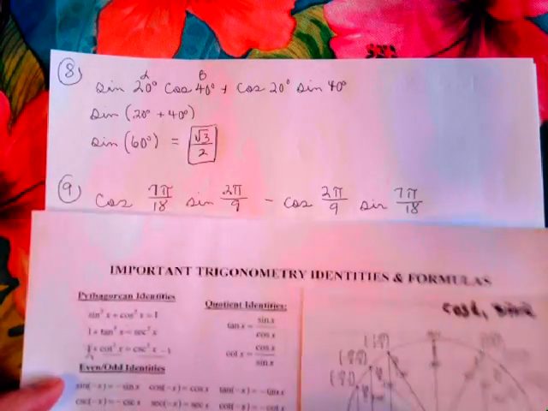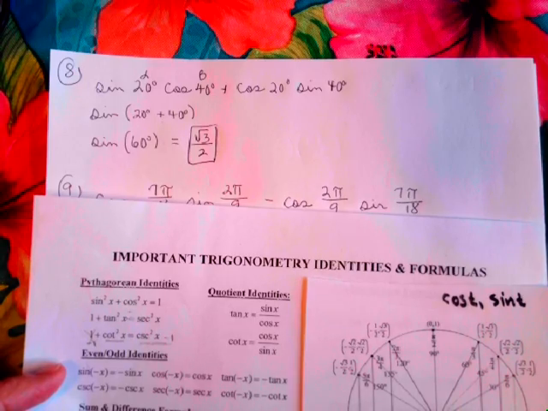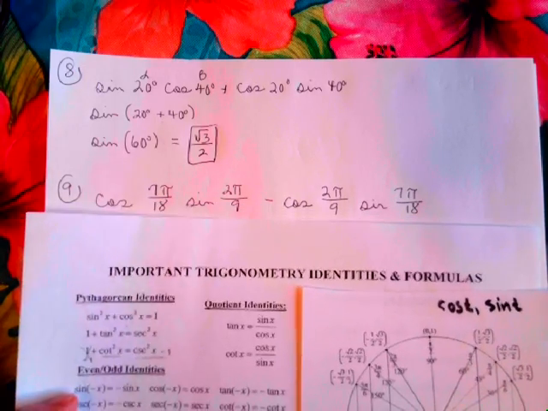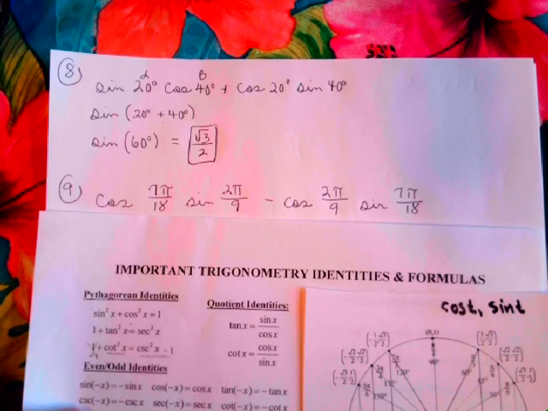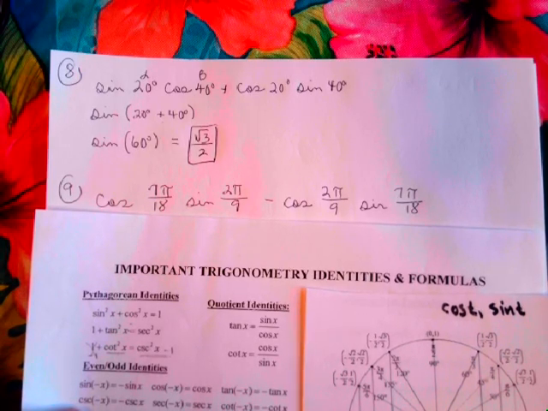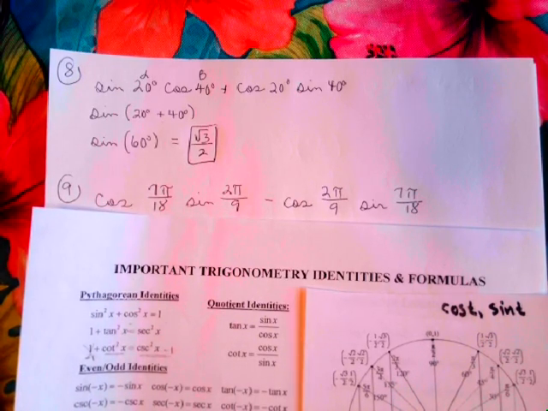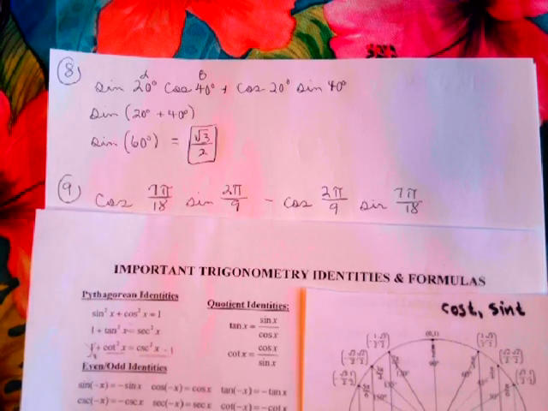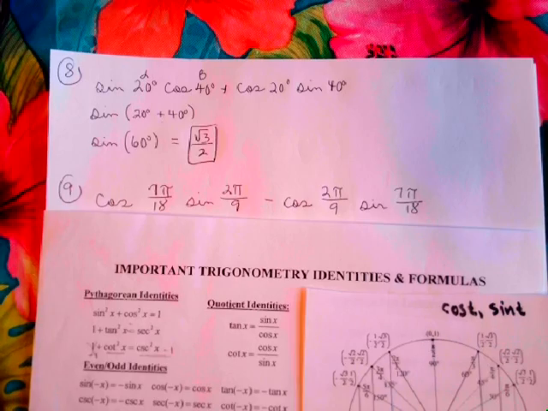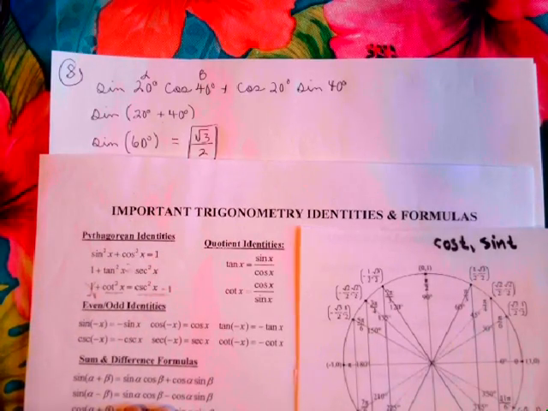Notice cosine sine minus cosine sine fits the sine of alpha minus beta, even though they have them in opposite order, it still fits.